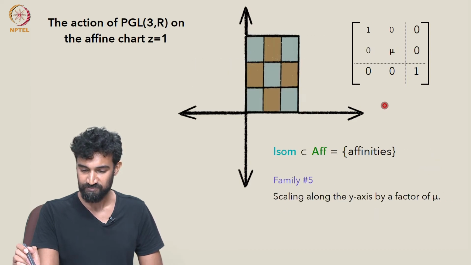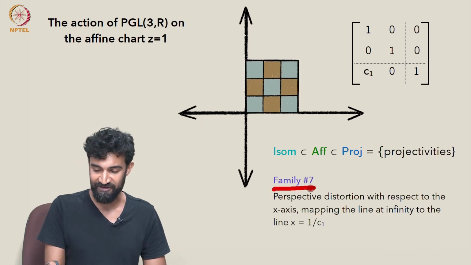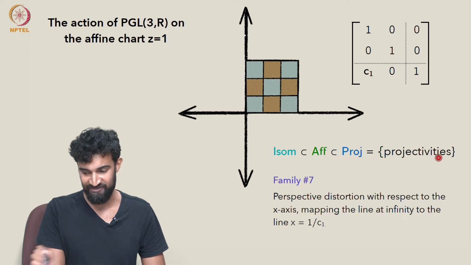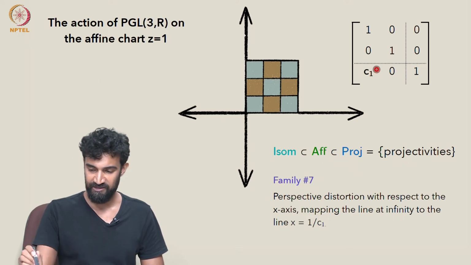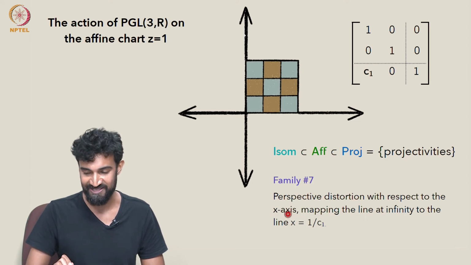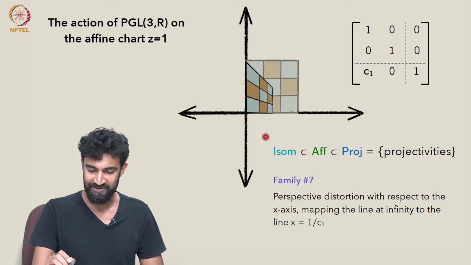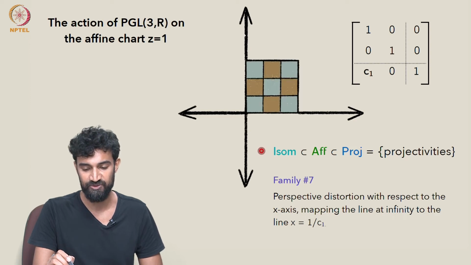So let's move on to family 7. And this is in what we'll call the group of projectivities. Family 7 involves perspective distortion with respect to the x-axis. So it'll look like this.